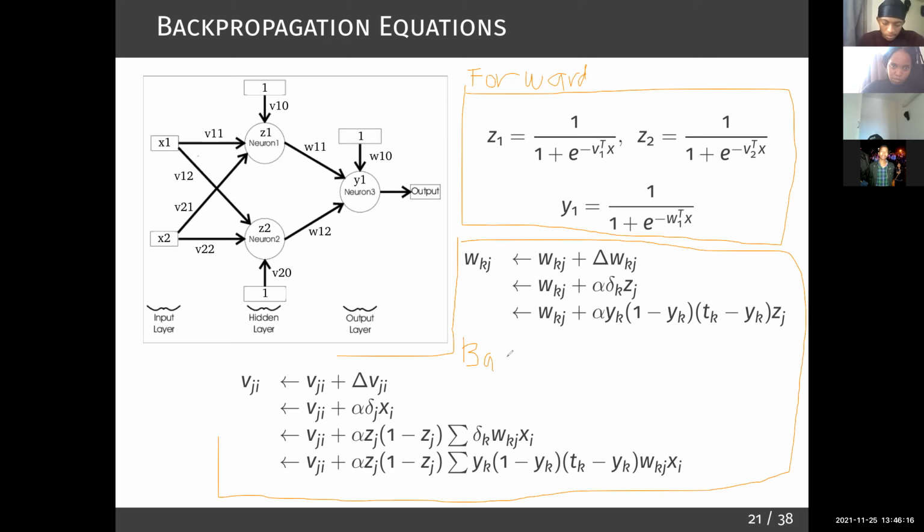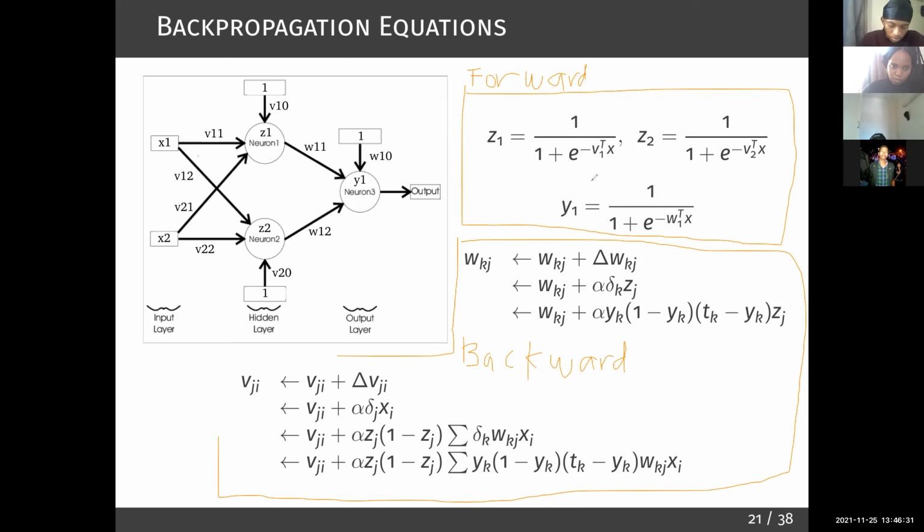That's all. If you understand this, then that's it. All we need to do is substitute the equations, substitute the values, then we're done. It's just tedious, but the concept is this.